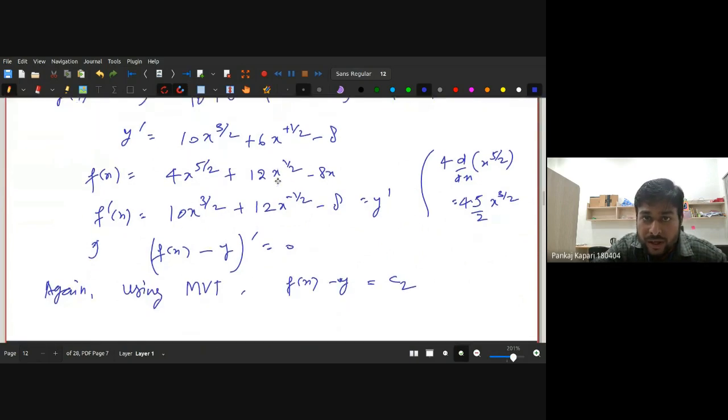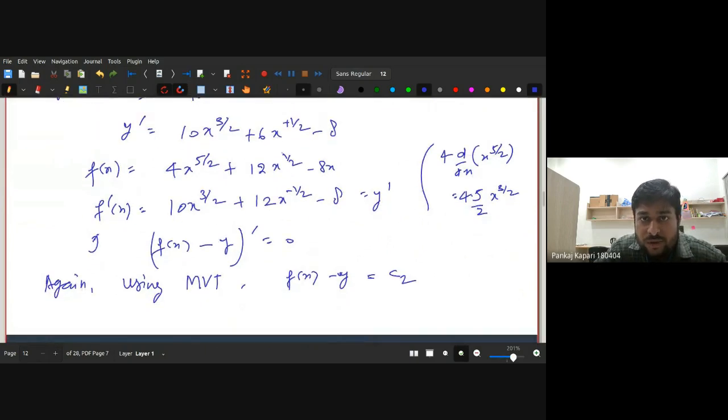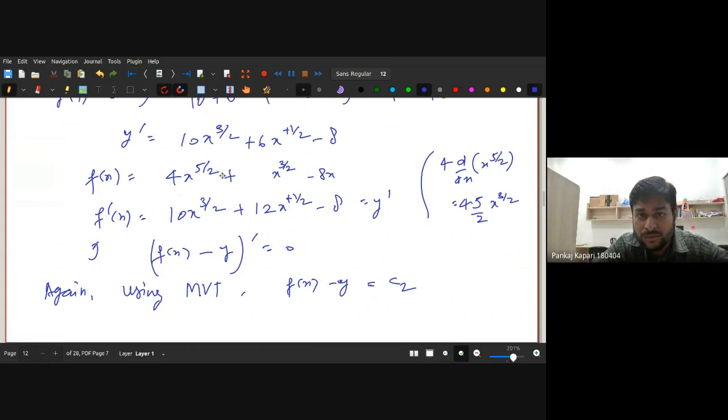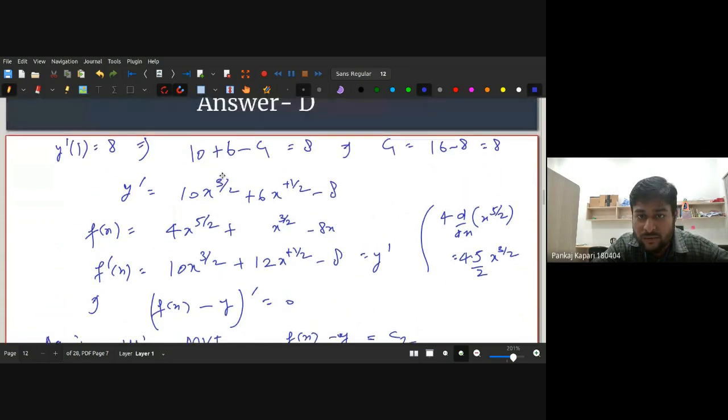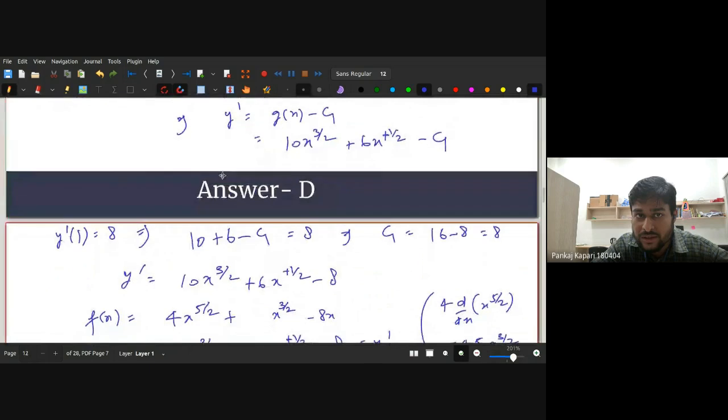And again here it must be 3 by 2 now. So consider 3 by 2 with appropriate constant. Constant should also be changed. This is x to the power 3 by 2. And if you differentiate this, then you will get x to the power half, and then you will have 3 by 2 also. So if you multiply 3 by 2 with something, then you should get 6.